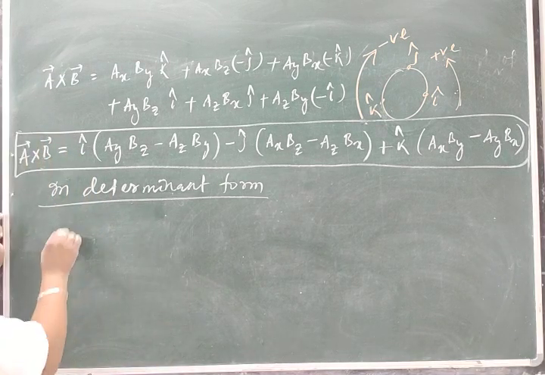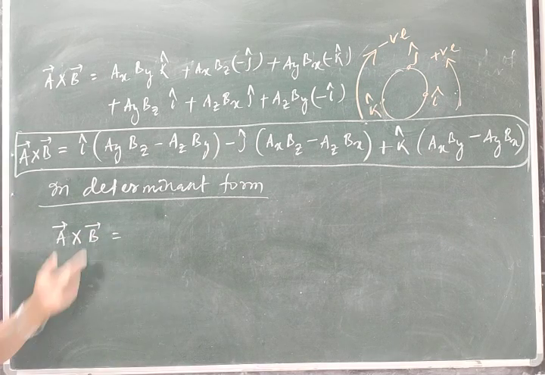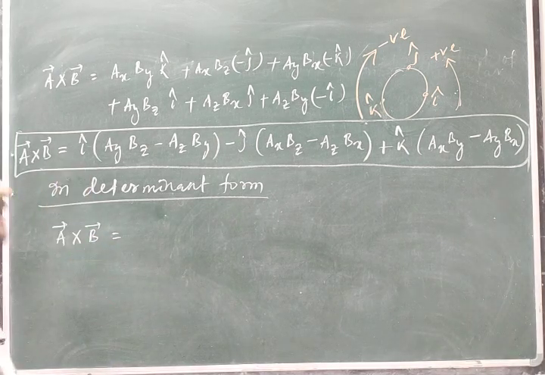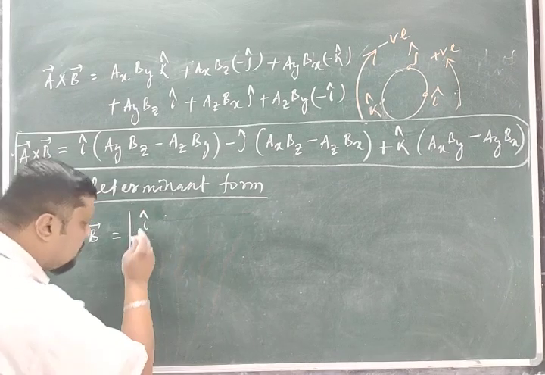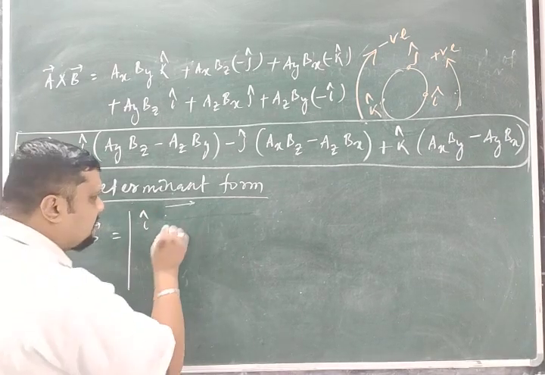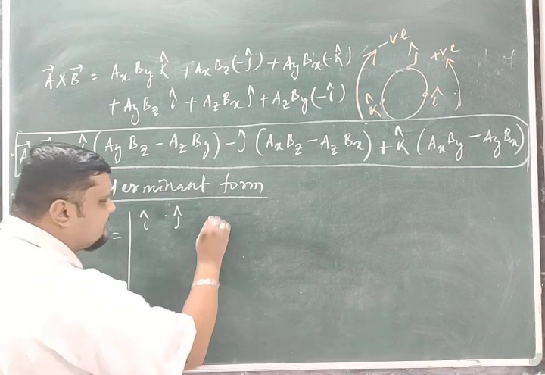Also, remember that when you are writing A cross B, I will write this in a determinant form. How will I write? This is called a row, this is called a column. So in the first row, write i cap, j cap, k cap.